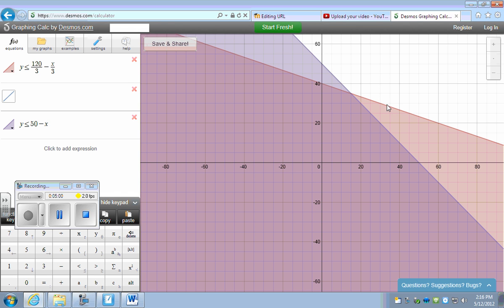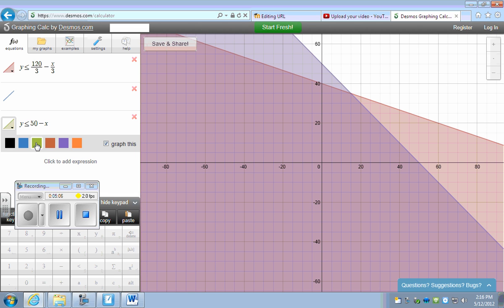You'll notice that there is a purple region. I don't like purple as a color, so I'm going to change it to green. Yeah, I like that better. So there's a green region and there's a red region, and then there's this kind of ugly greeny red region, and that's the intersection. What that tells us is this region where it intersects is the solution.